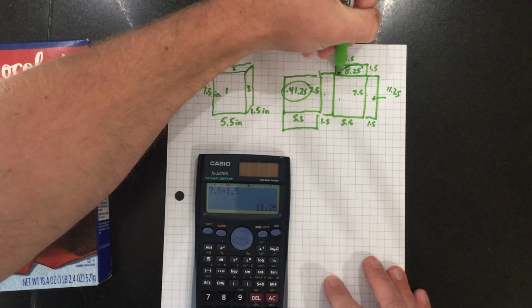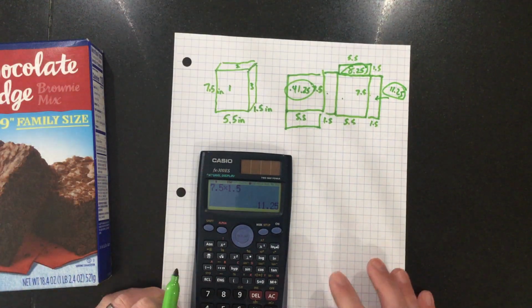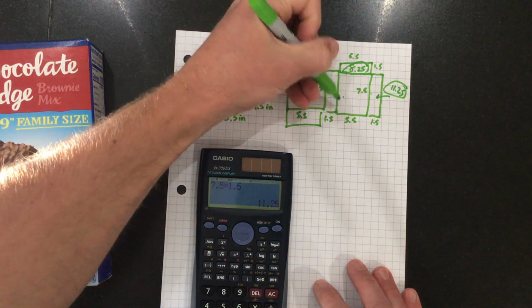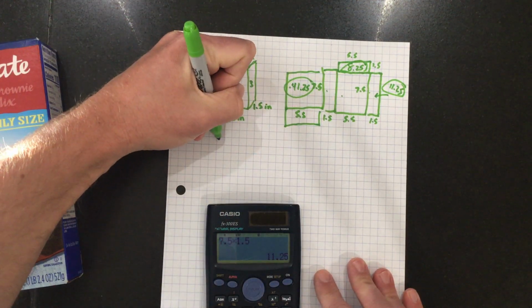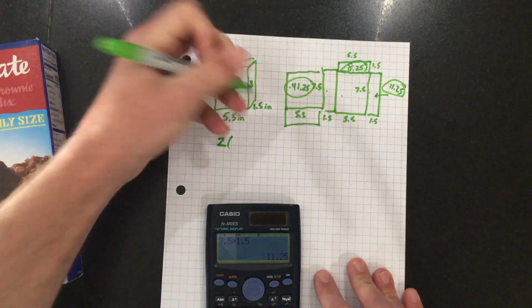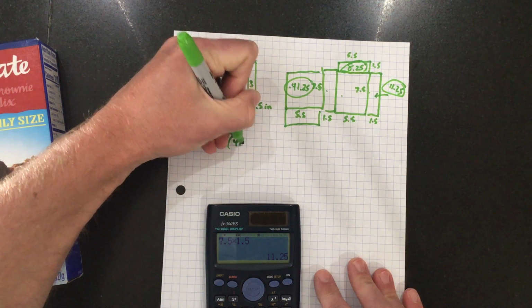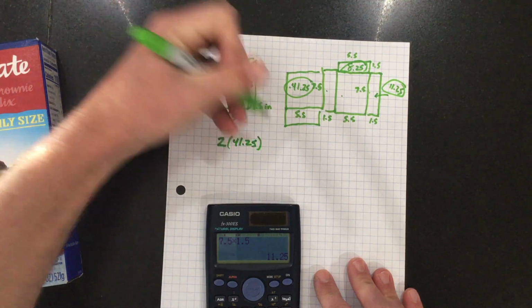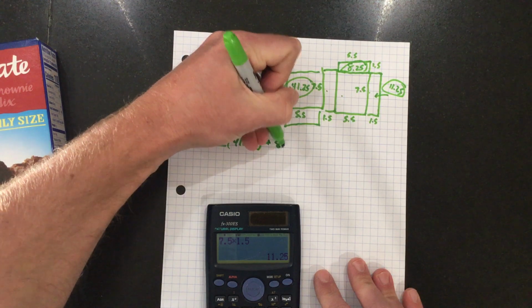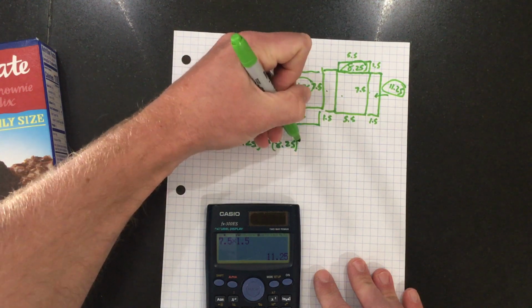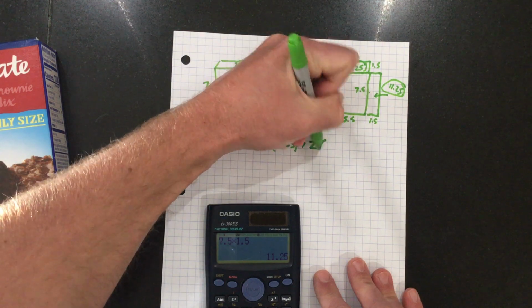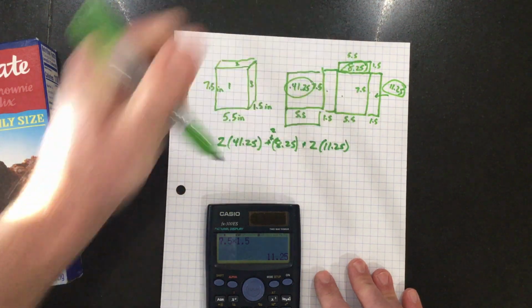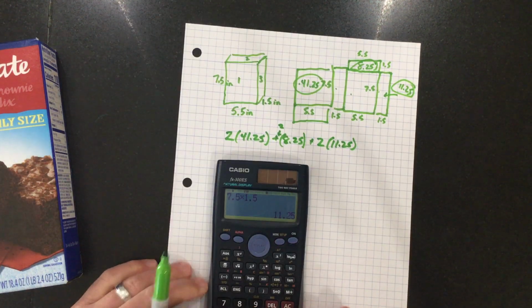And this is all in inches squared. Now, I'm only doing this for half of them because they all have buddies. So in order to find the surface area, I'm going to add them all together, but before I add them together, I'm going to multiply each one by 2. So 41.25 times 2 plus 8.25 times 2 plus 2 times 11.25.